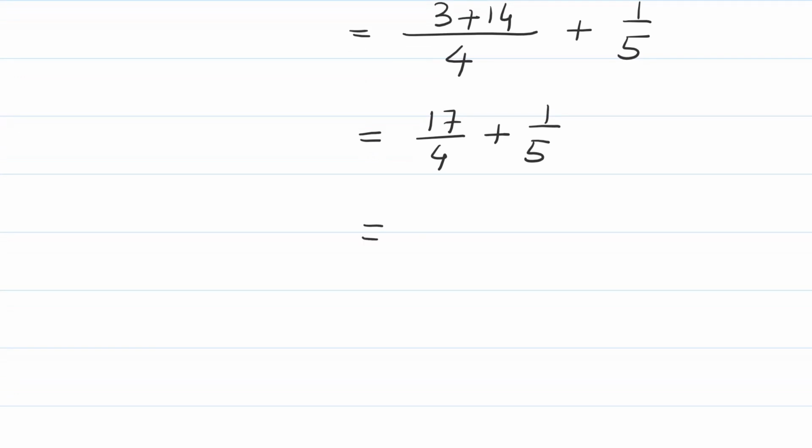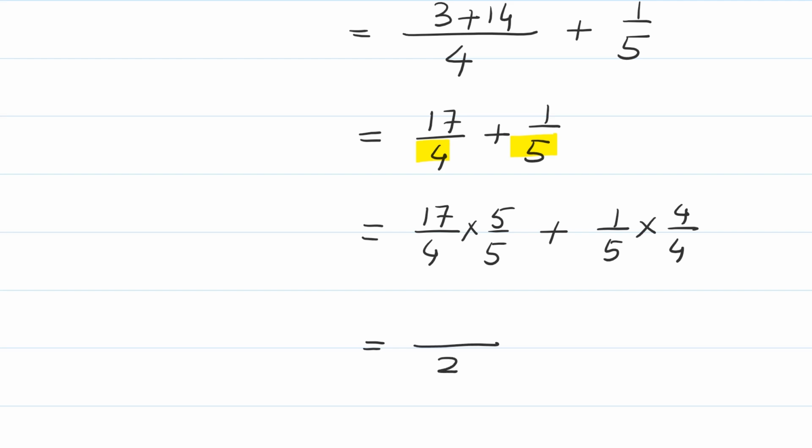LCM of 4 and 5 is 20. Multiply first ratio by 5 and divide by 5. Multiply and divide second ratio by 4. Change base of each to 20. Each term to 20.